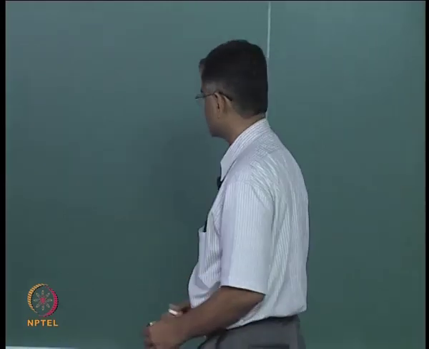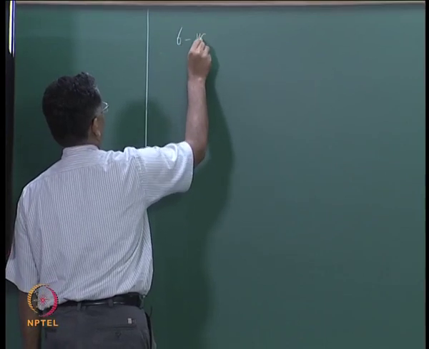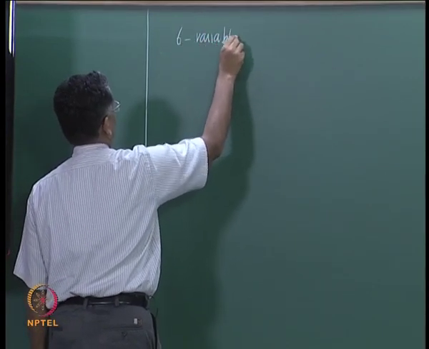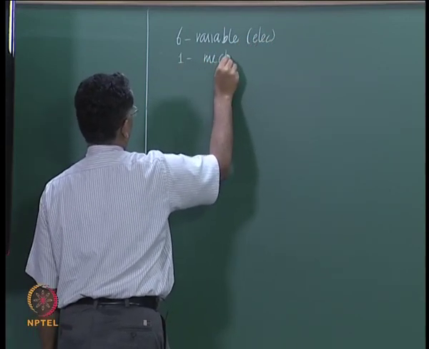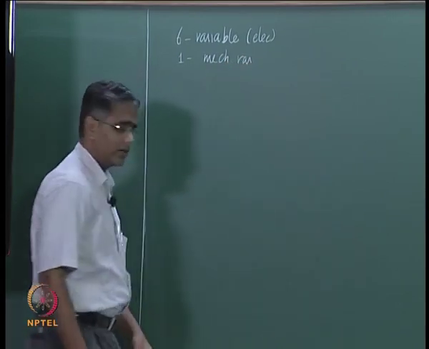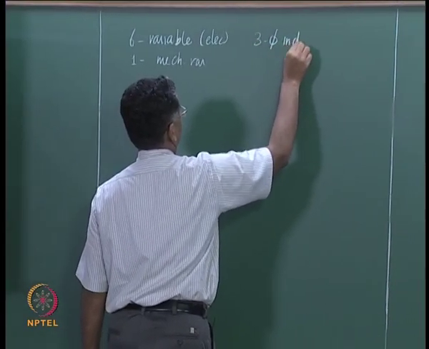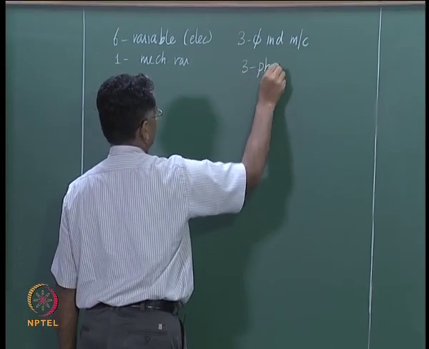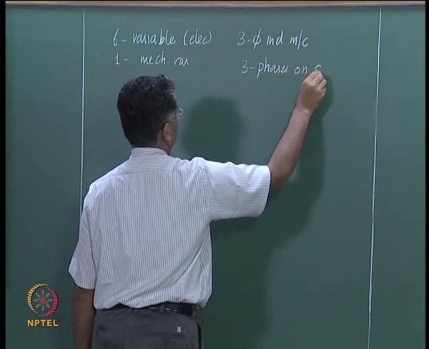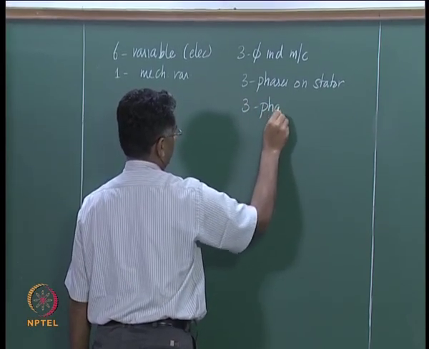Let us take the induction machine first. In the case of the induction machine, as I said, we have 6 electrical variables and then 1 mechanical variable as well. This is a 3-phase induction machine, which means it has 3 phases on the stator and 3 phases on the rotor.